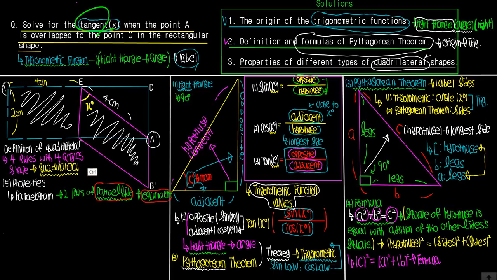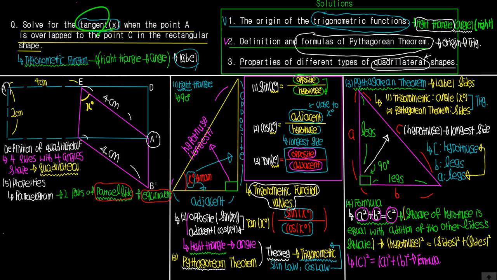Because they are parallel. So the way to mark that they are parallel will be a sign like this. And we know that this side is also parallel to this side since they form a parallelogram. And what is the size of this side? Well, it should be 2 centimeter. Why is it 2 centimeter? Because the A dash and B dash intersect with the A and the B. So if it's 2 centimeter, this one is also going to be 2 centimeter.